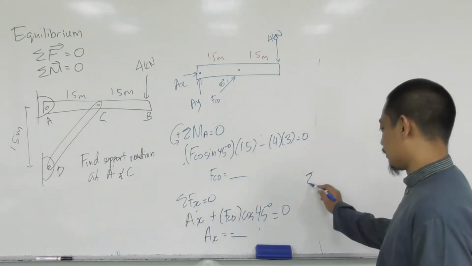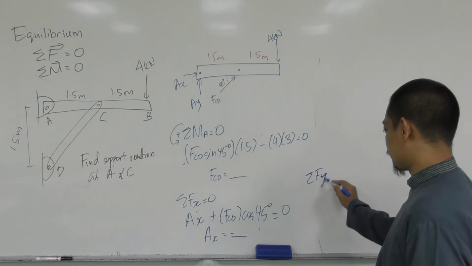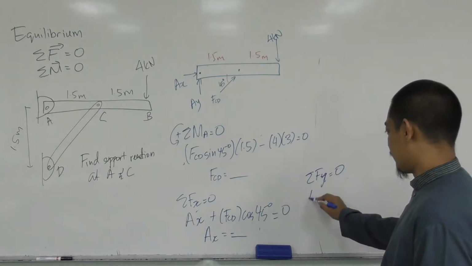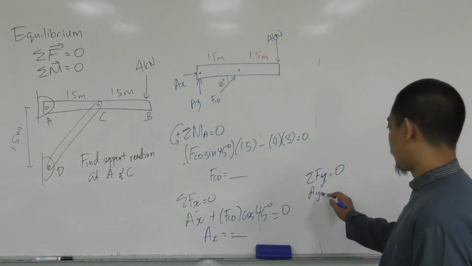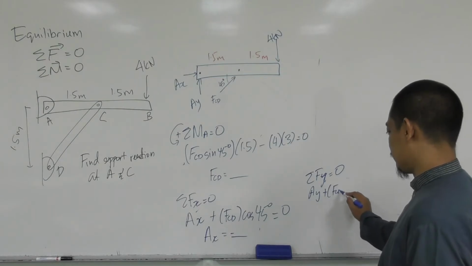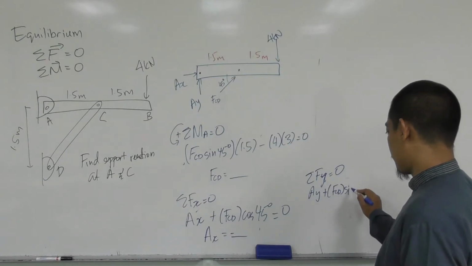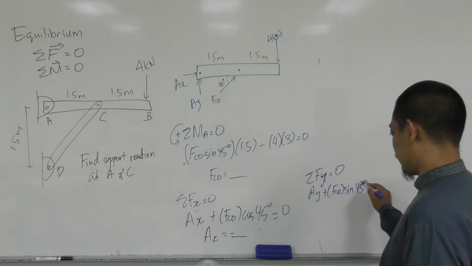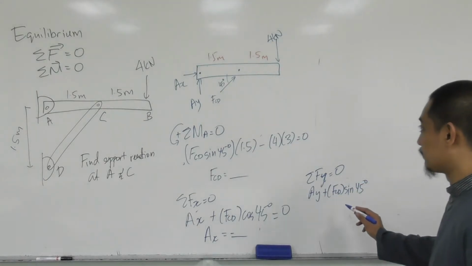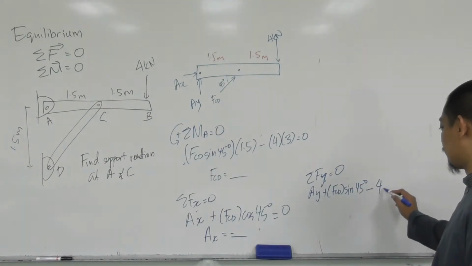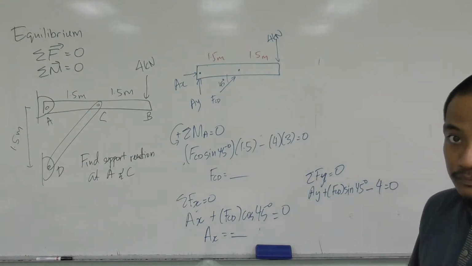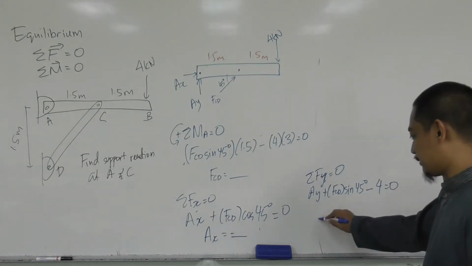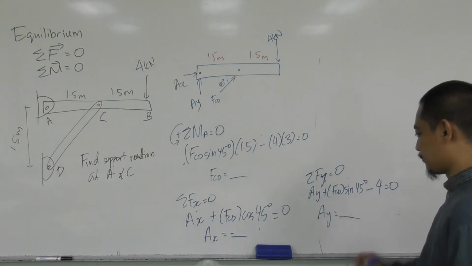Summation of Fy equal to 0. You'll have AY plus FCD sine 45 degrees. Again, FCD here, the value you already know, and then minus 4 kilonewton equal to 0. And then you can get AY equal to a certain value.